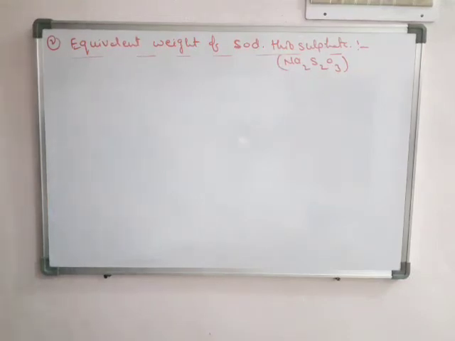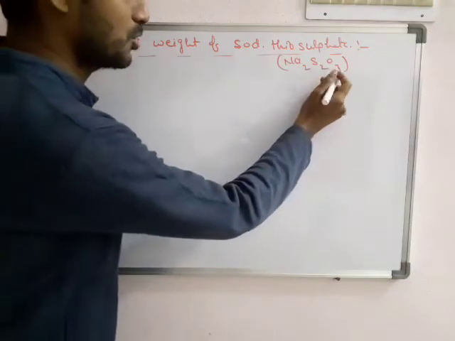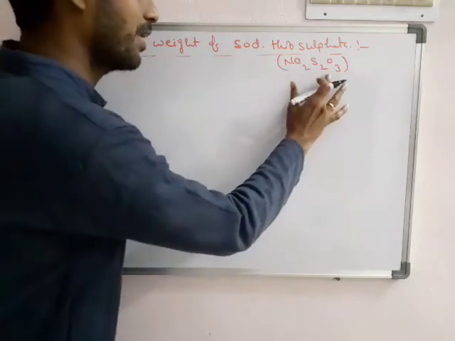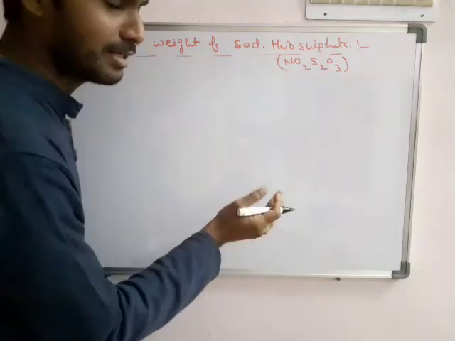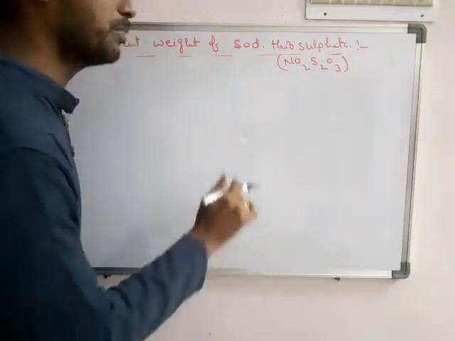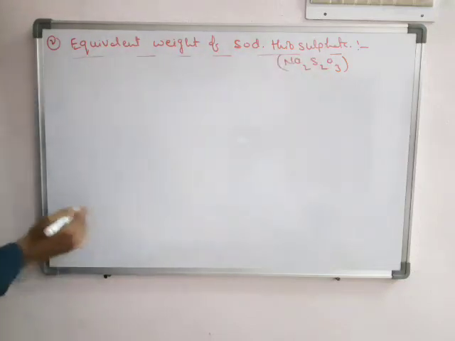The change part is S2O3 minus 2. In the calculation we take the total sodium thiosulfate molecular weight, but for the change we take only the part where the change takes place.